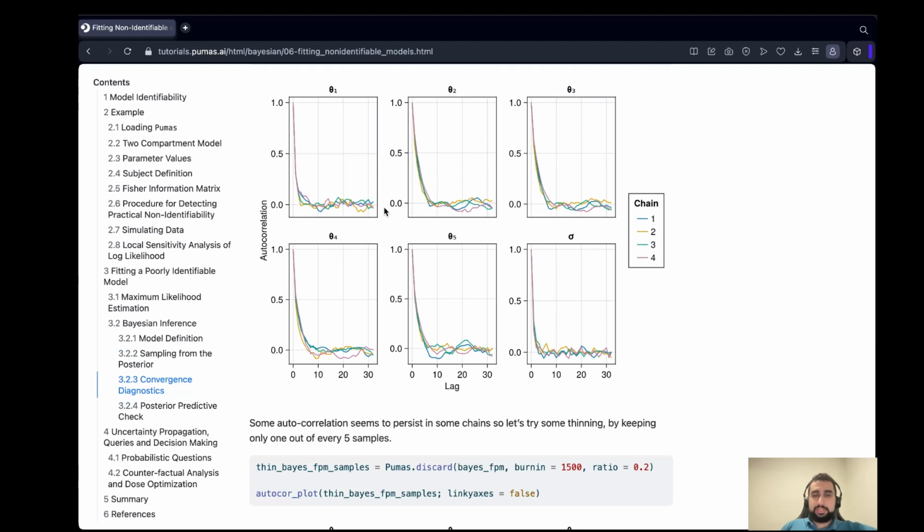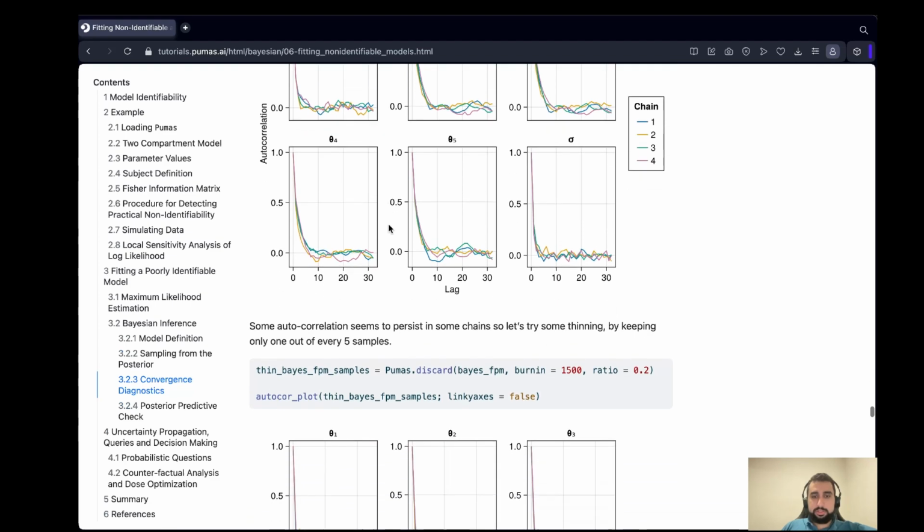So if you have this behavior where the autocorrelation never seems to go down to zero, then it's important to understand why that is the case. But if it goes down to zero, but perhaps a little bit slowly, that's not necessarily a sign of lack of convergence. And we'll see again that all of the chains behave roughly in a similar way, so the chains are somewhat consistent, at least consistent with each other.